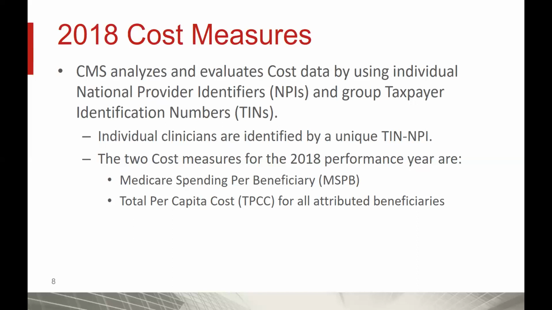And the second cost measure is known as the total per capita cost, and that will be for all attributed beneficiaries. And we'll go into further detail in the next few slides about each of the different cost measures. It's important to note that both of the cost measures are accounted for and averaged in your final MIPS score for cost.